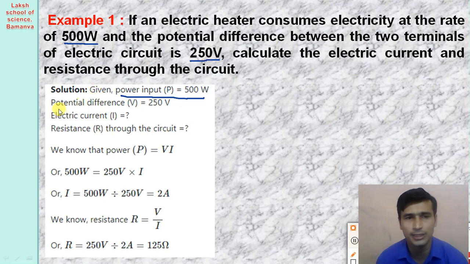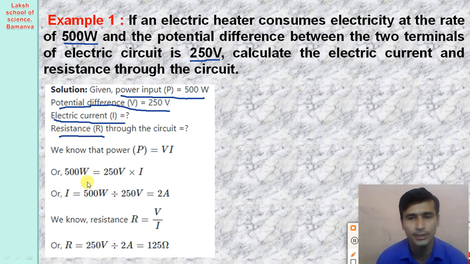So the potential difference is given to you, 250 volt, right? Calculate the electric current and the resistance of the circuit. So we need to calculate the electric current passing through the circuit and what is the resistance of the circuit.